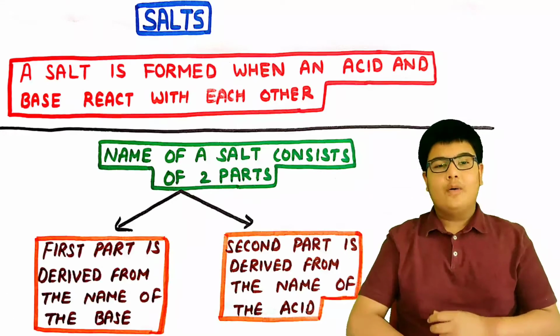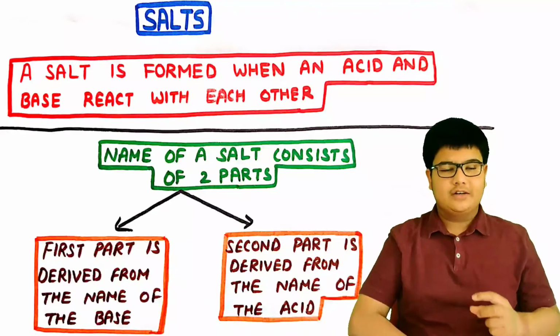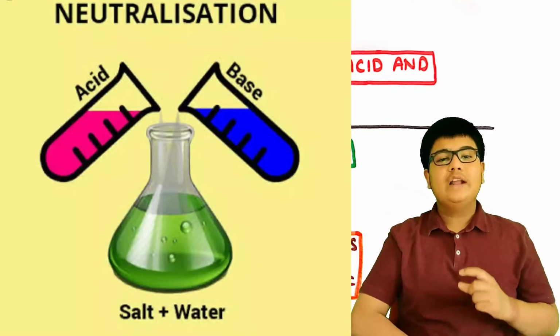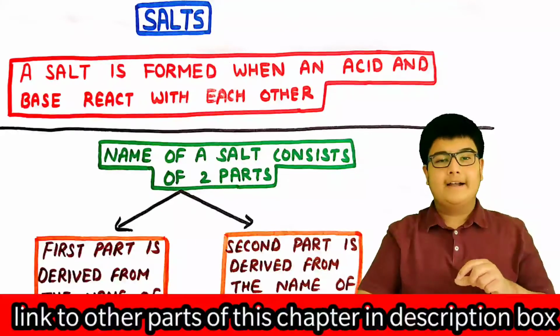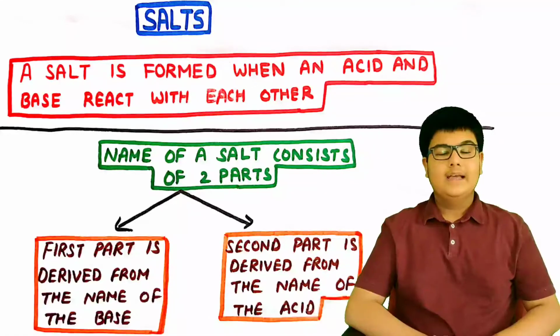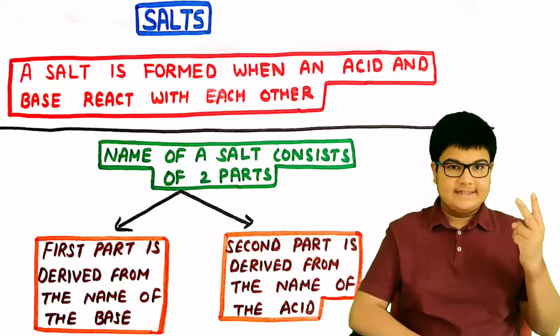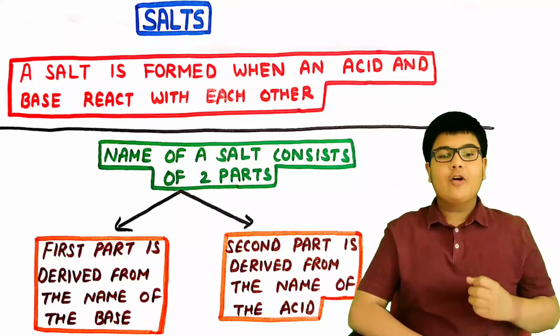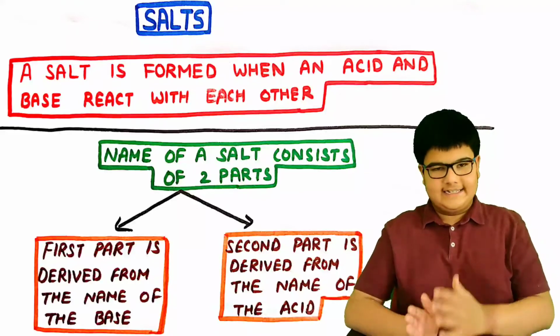A salt is formed when an acid and base react with each other, and this reaction is known as a neutralization reaction. We have learned about this in the part 2 video also. Now the name of a salt consists of two parts. The first part is derived from the name of the base and the second part is derived from the name of the acid.